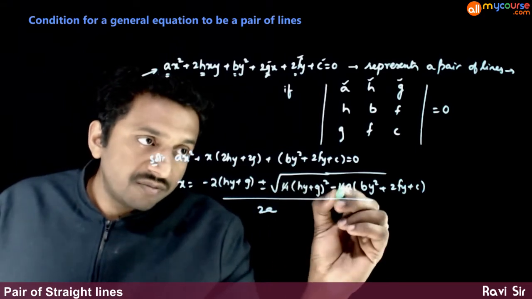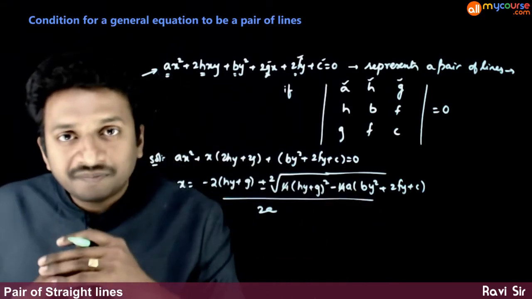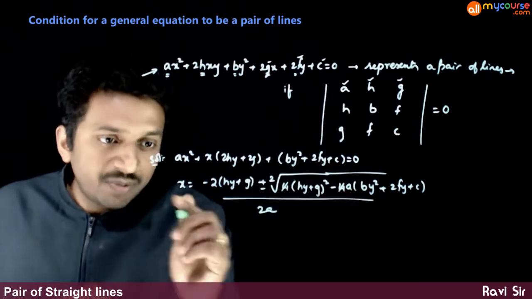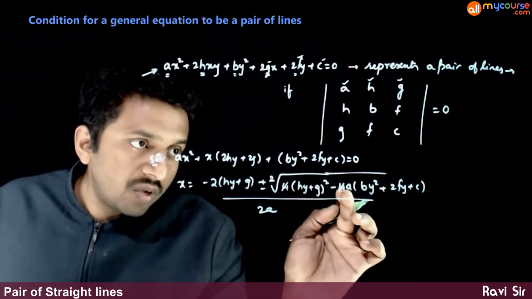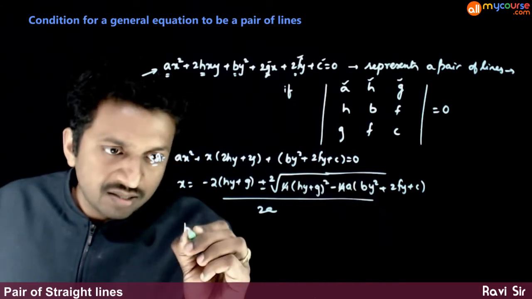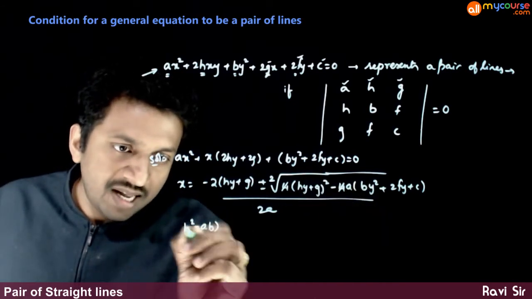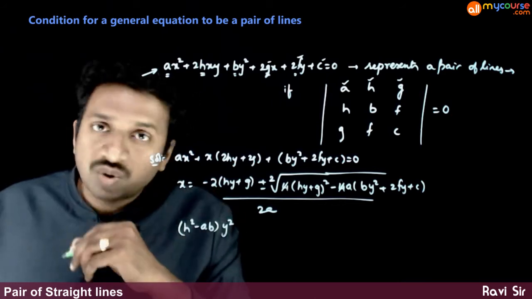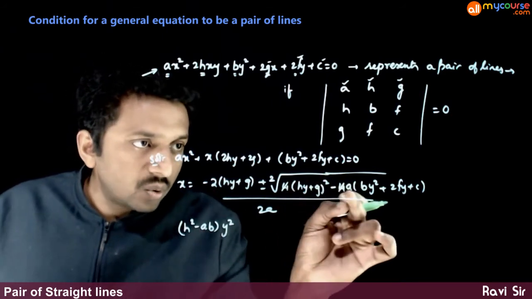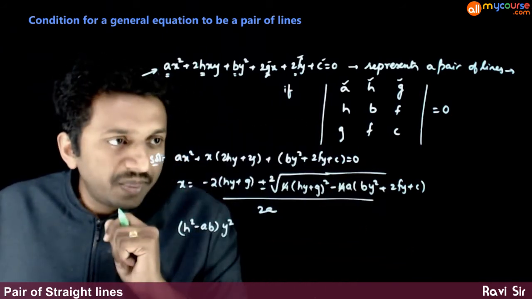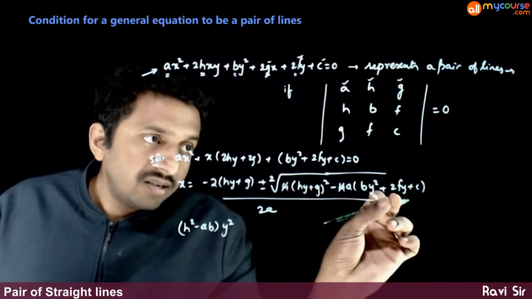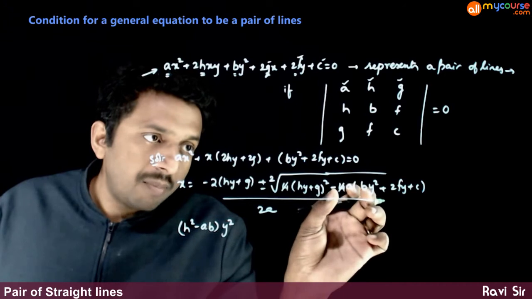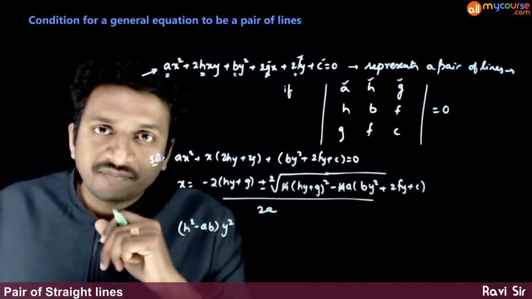Now this 4 and this 4 becomes 2 outside. The remaining expression is, as you can see, h square y square minus ab y square. So h square minus ab times y square. Next, 2ghy minus 2afy.